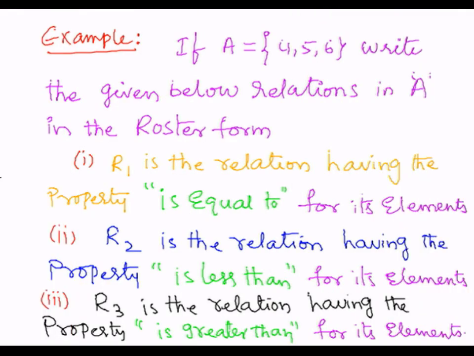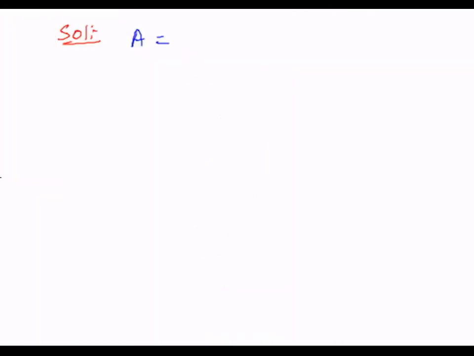So, in our solution, as per the problem, the set A elements are 4, 5, 6. Then now the relation is nothing but the Cartesian product of A and A, that is A cross A. In order to get the relation, R is equal to A cross A, the elements of A are 4, 5, 6.